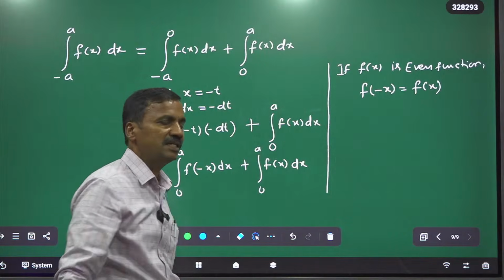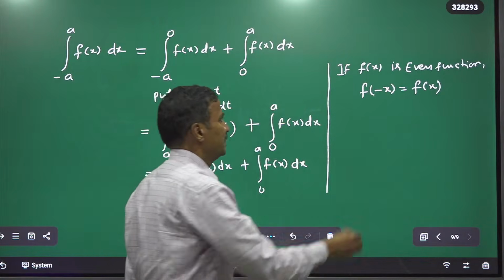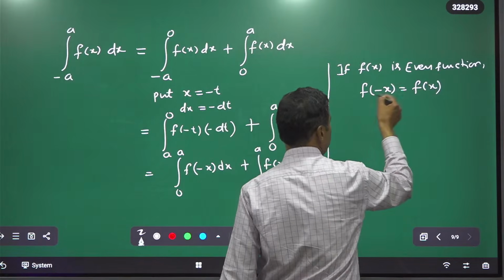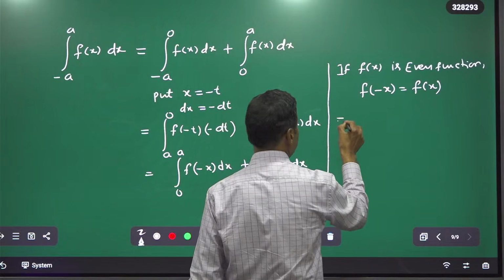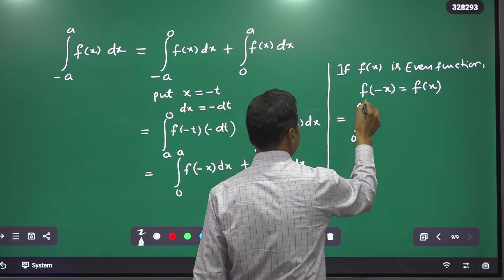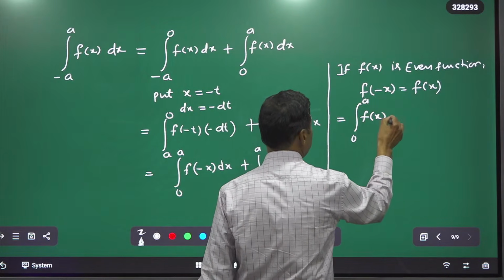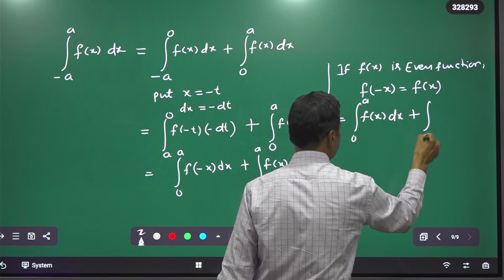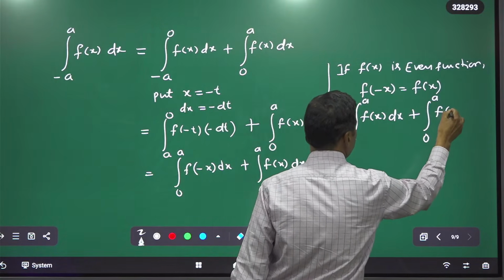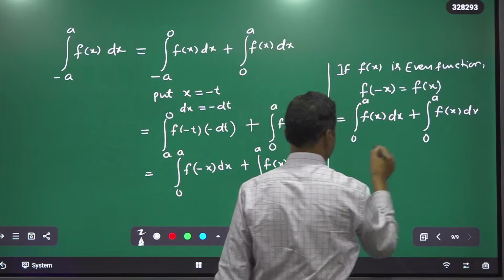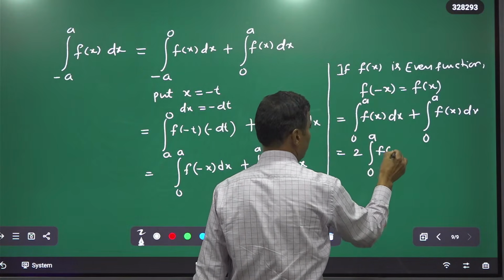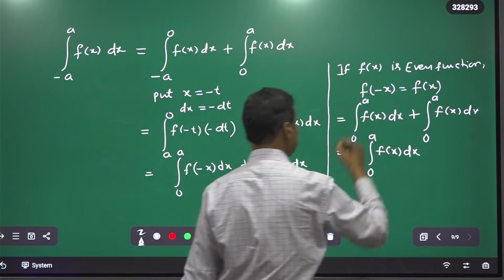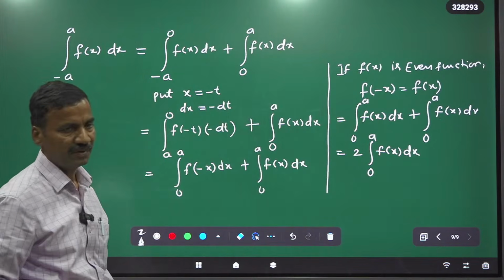If f of x is an even function, then f of minus x is equal to f of x. So the first integral becomes integral of 0 to a f of x dx, and the second integral is also 0 to a f of x dx. So you get 2 into integral of 0 to a f of x dx.